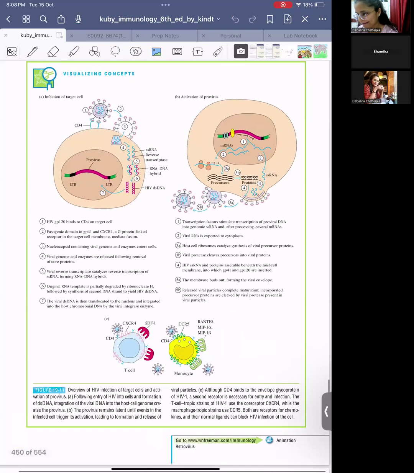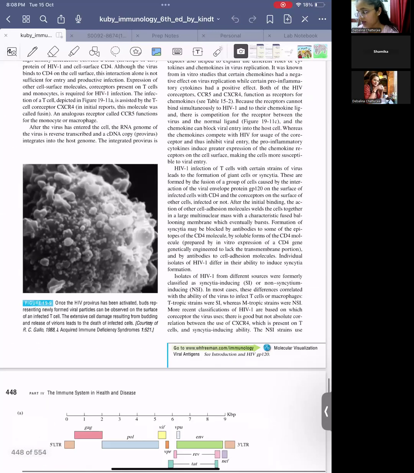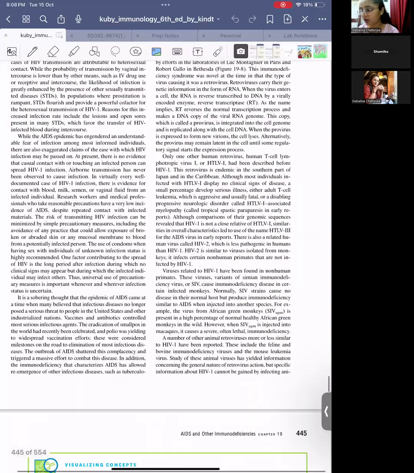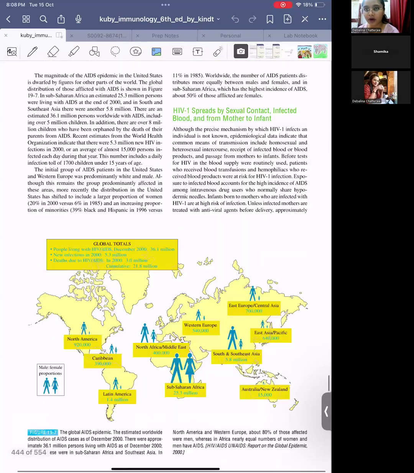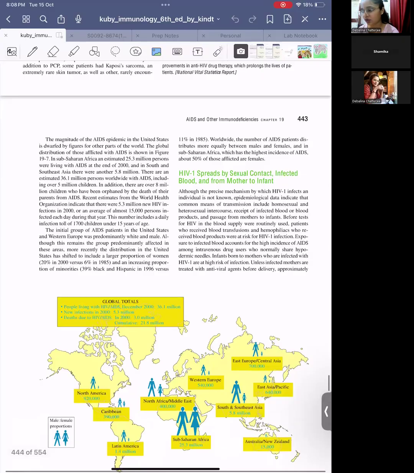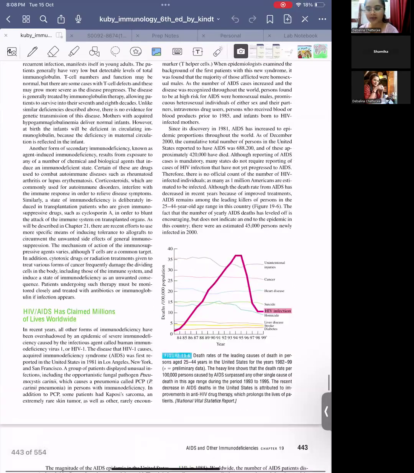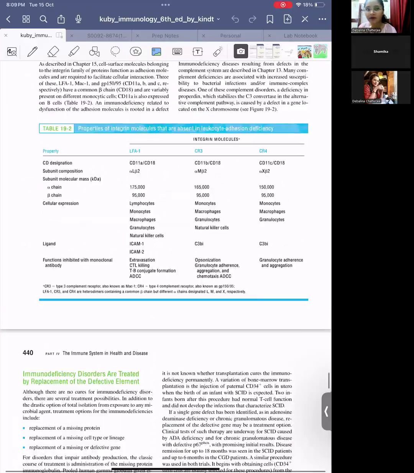Ma'am, do opsonization and phagocytosis both mean the same? Opsonization is the phenomenon wherein, you remember the haptens and adjuvants, do you recall those concepts? If there's an adjuvant, it is enhancing the antigenicity of an antigen, right? Something similar to that is opsonization.